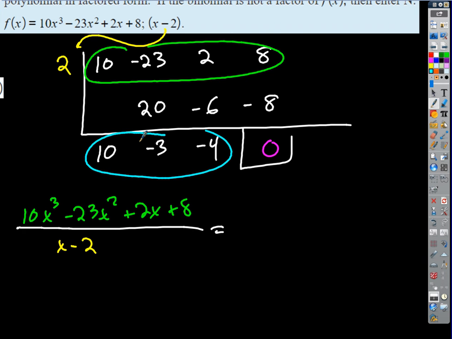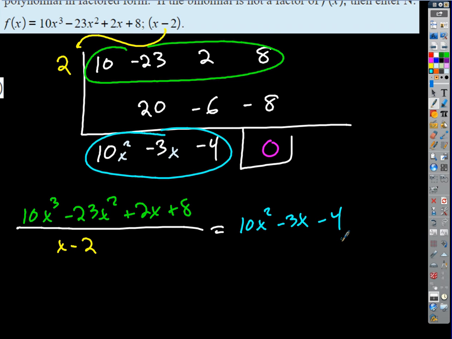So that must be the coefficient of x squared, then the x term, and the constant. So it's all equal to 10x squared minus 3x minus 4.